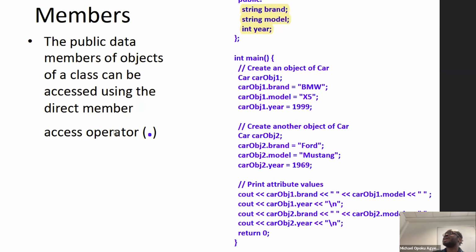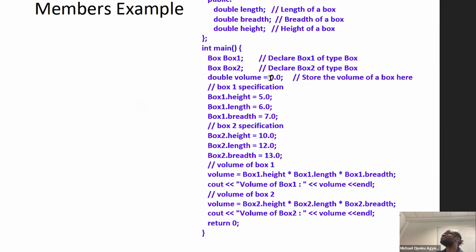And we used the access operator, the dot, to get access to the variables once we create an object of the class. Creating an object is quite similar to the way we create variables. We have our data type called car, and then this is the object or an instance of it. So that's pretty much just a recap of things.